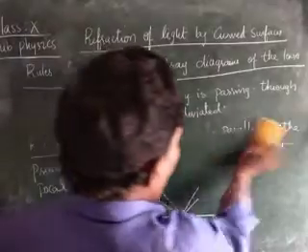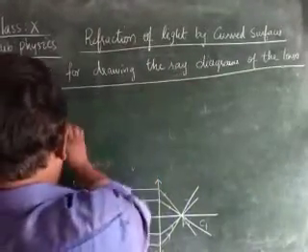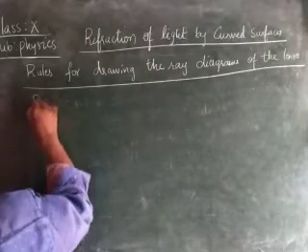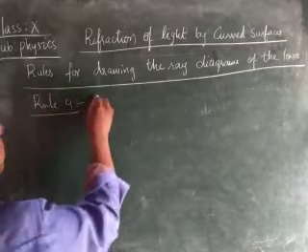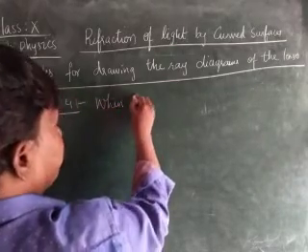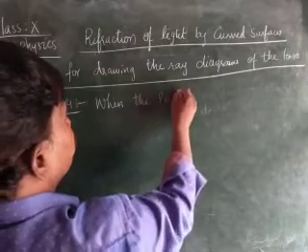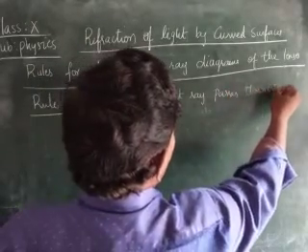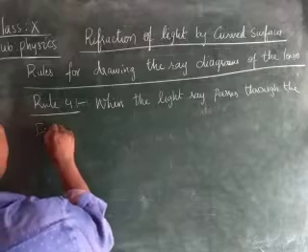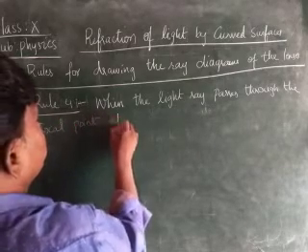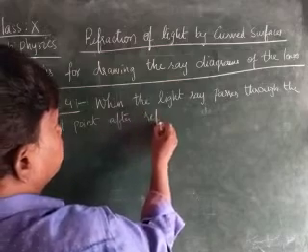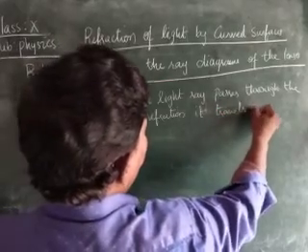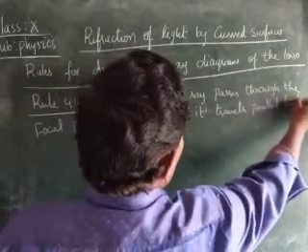Rule 4. When the light ray passes through the focal point, after refraction, it travels parallel to the principal axis.